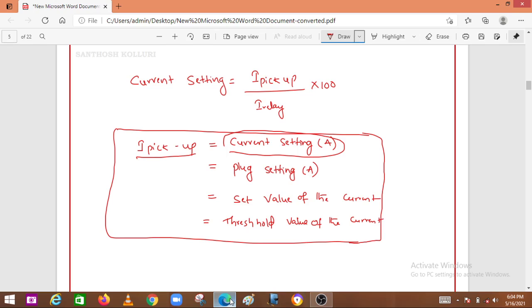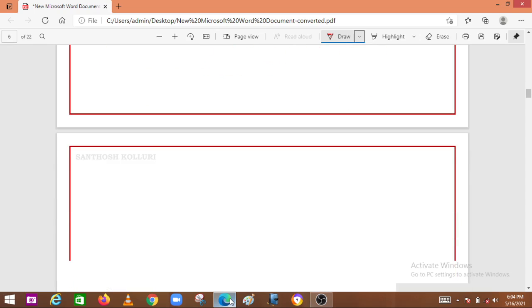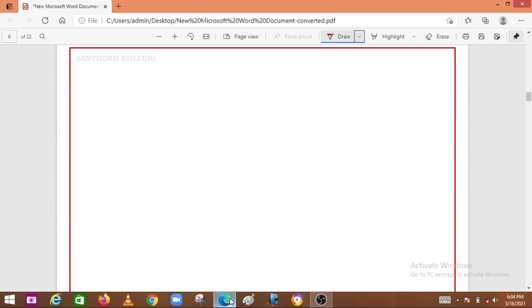That means to adjust the pickup current, you have to change the current setting. So here, I pickup current is directly proportional to current setting. First of all, current setting is directly proportional to pickup current.